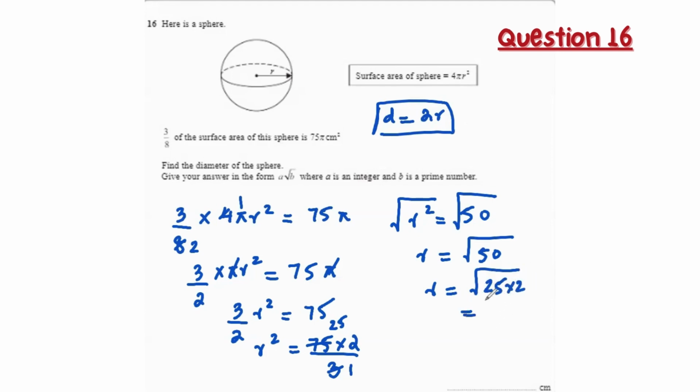And since 25 is a square number, 5 comes outside and 2 remains inside. So diameter is going to be 2 times 5 root 2, which is 10 root 2. That is your diameter. Remember, the 2 will get multiplied to the term outside the root, not inside. So we just multiply 2 with 5, that's 10, and root 2 remains as it is.